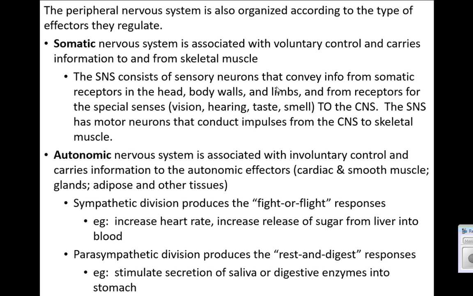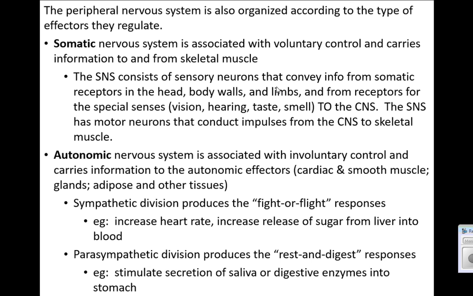So the effectors. Okay, we have on this page the somatic and autonomic nervous systems, which are the two parts of the peripheral nervous system.